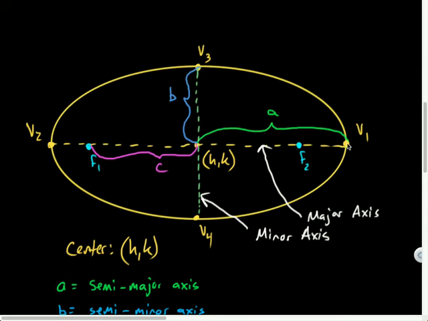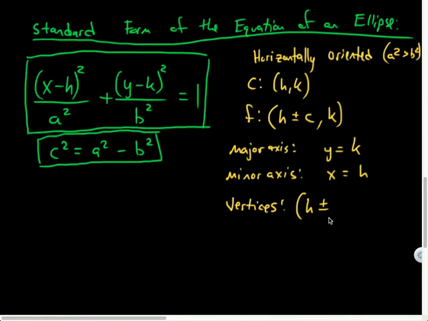How would I find the coordinates of this point? What could I add to the center? Yeah, add a. And what should I add a to, the h or the k? The h, because this is horizontally oriented. So h plus or minus a comma k.